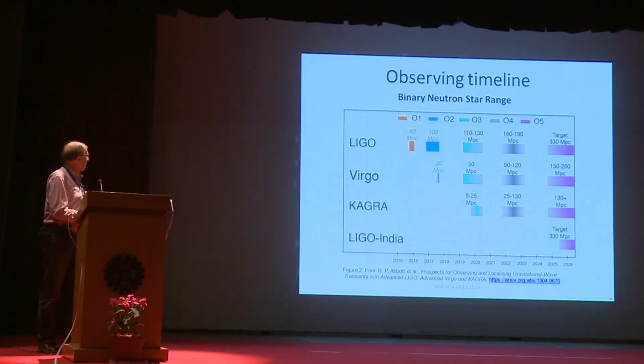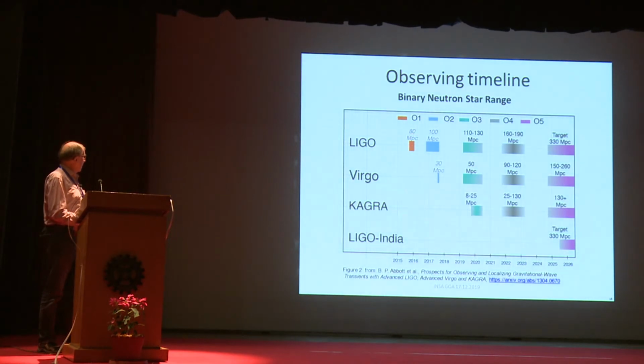These observations are divided into observational rounds, which are called O1, O2, O3, O4. So far we have had two observational rounds. The first one started in September 2015, and soon after it started, the first gravitational signal was detected, something I will talk about. Then there was a second round where the Virgo project joined, more signals were detected, and there was also a very significant detection, the signal apparently from the merger of two neutron stars.